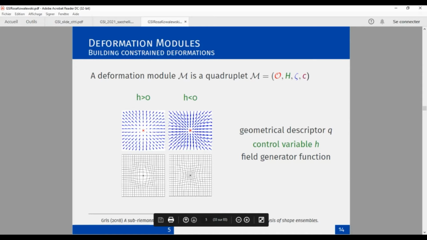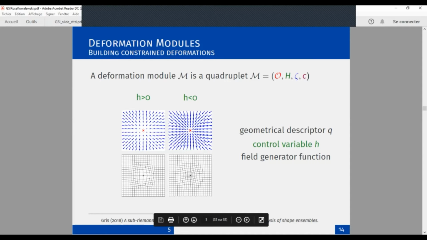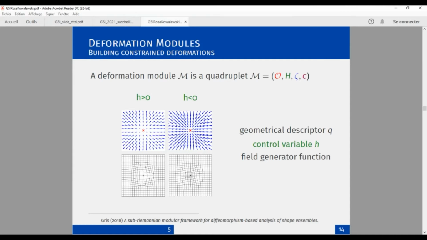So we build these vector fields for each time point in a time interval with varying controls over time. And then we build the finite deformation as the flow of this time-dependent vector field. And two examples are shown here for the finite deformations, where we use positive control variables for the left one to have an expansion, and negative control variables lead to a local shrinkage.